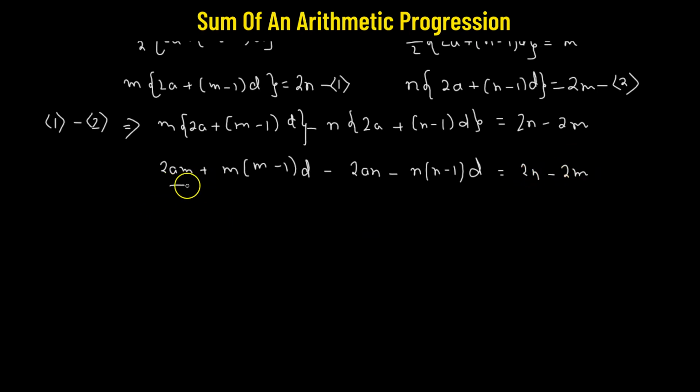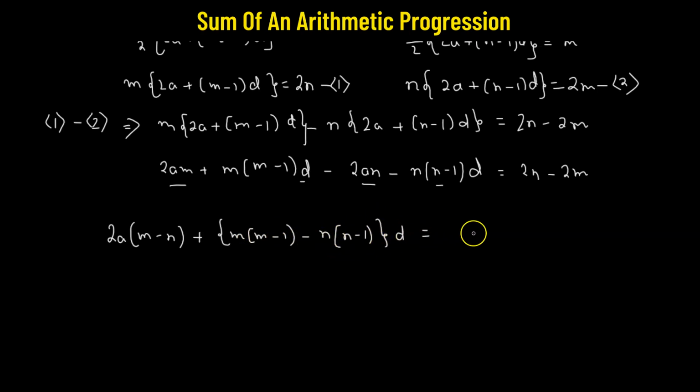Now if we take 2a as the common factor, we will get 2a multiplied to m minus n plus, we'll take d as the common factor for the second and the fourth term, so we will get m multiplied to m minus 1 minus n multiplied to n minus 1 times the common difference d, which will be equal to 2 times n minus m.